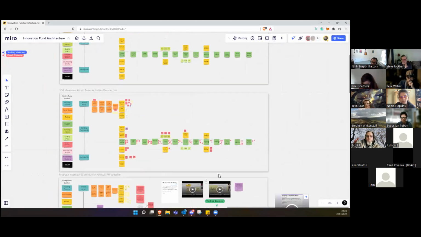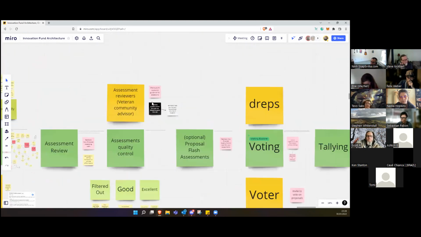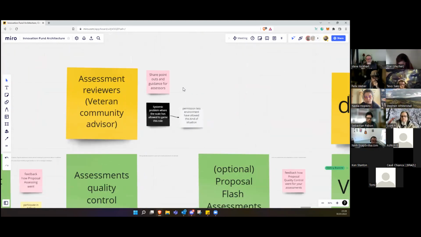I've been on some proposals, I think 3 out of the last 4 or 5 funding rounds, and every time, among the assessments I read, there are at least a couple where it's clear they didn't understand the challenge or the proposal. I want it to be open and permissionless, but if you don't understand what you're reading, then I don't feel like you're in the right place.